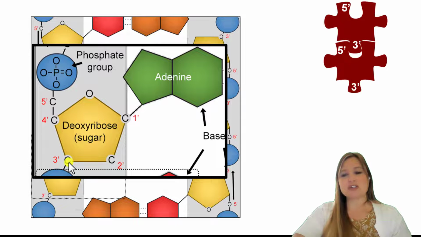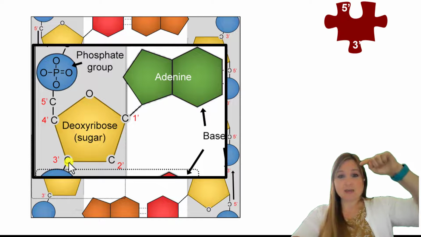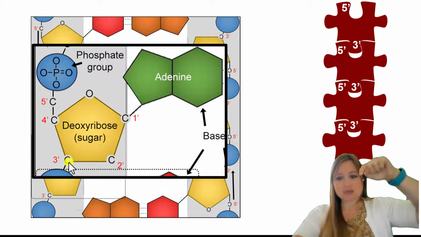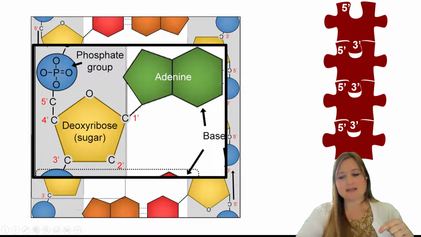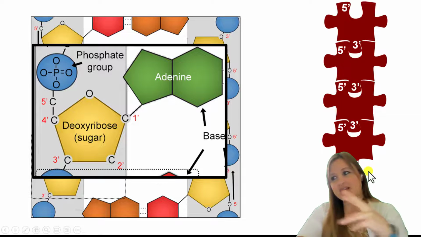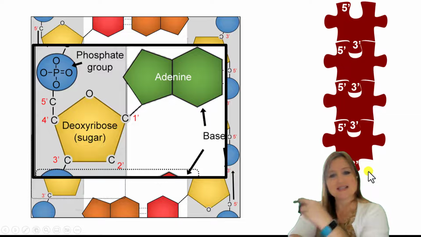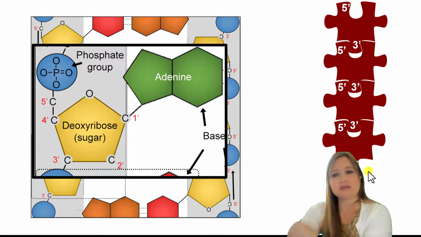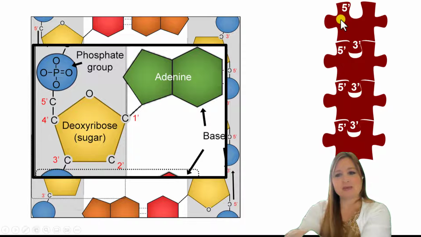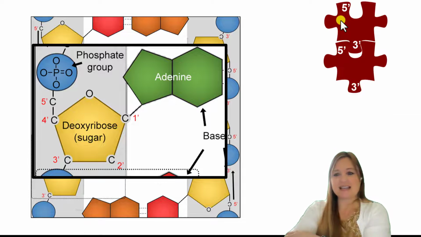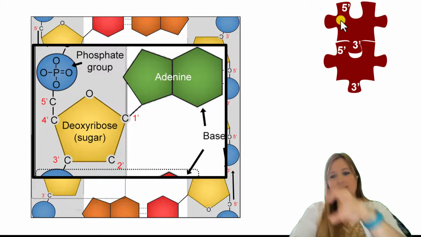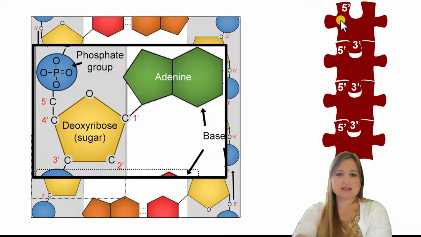And we can go on from there. So if we look, we started at the 5' end at the top, and then we go from 5' downward towards the 3'. And it's always going to be that 3' end that's sort of at the leading edge, right? That's where the next nucleotide is going to be added, always to the 3' end. So we're going from 5' to 3'. 5' is the first one that gets added, and then every next nucleotide gets added onto the 3' end of the nucleotide that's there before.